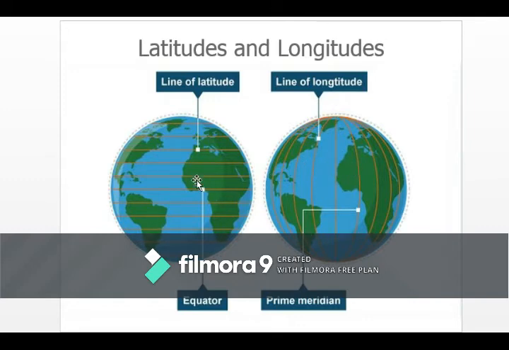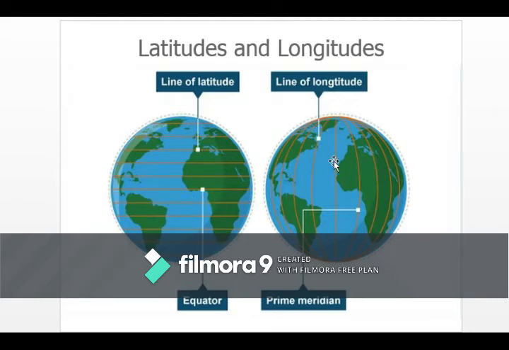We have given names to some of these lines, not all of them. For example, this line of latitude is known as the equator, and it is the very central line.